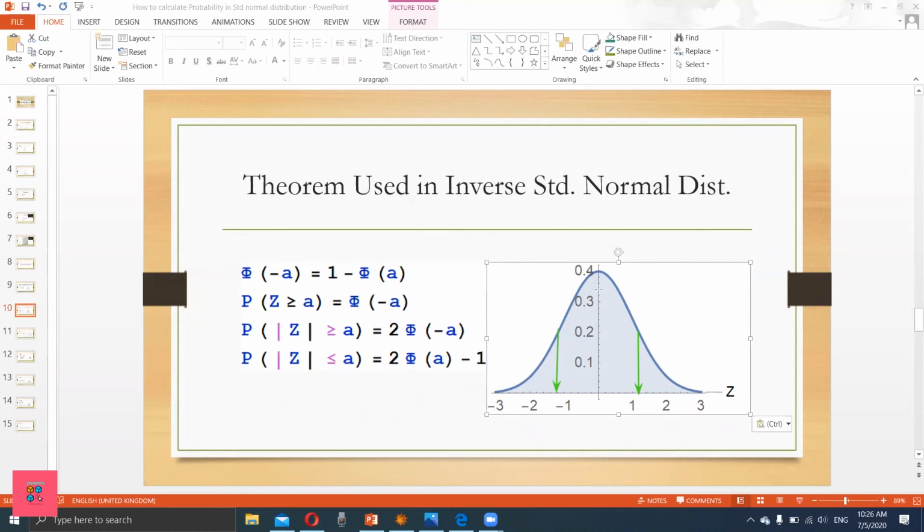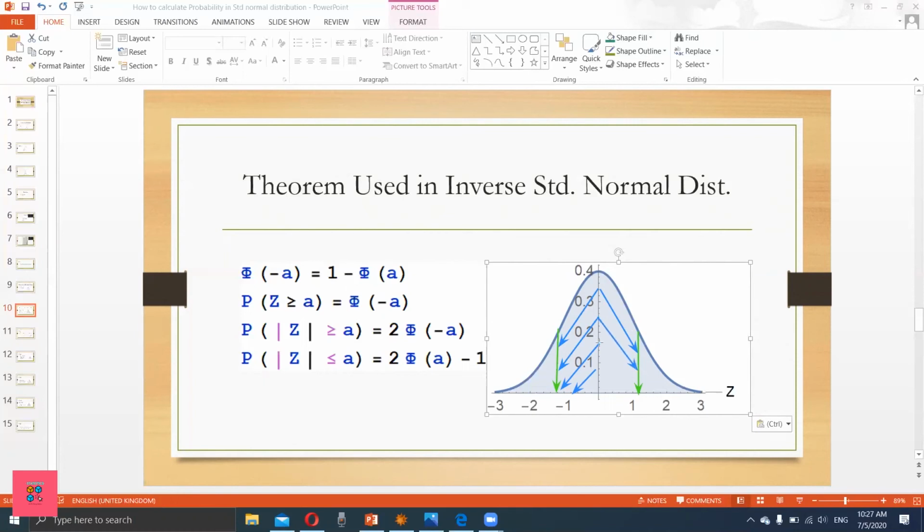This is our shaded area. So this shaded area on the left tail and this shaded area on the right tail are both included in this last fourth part.